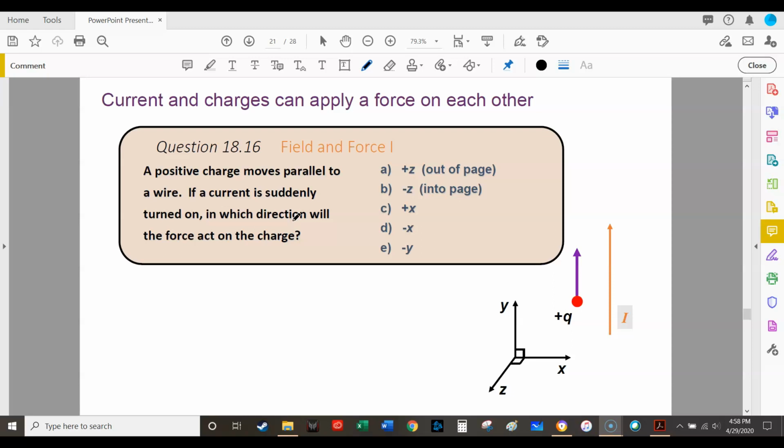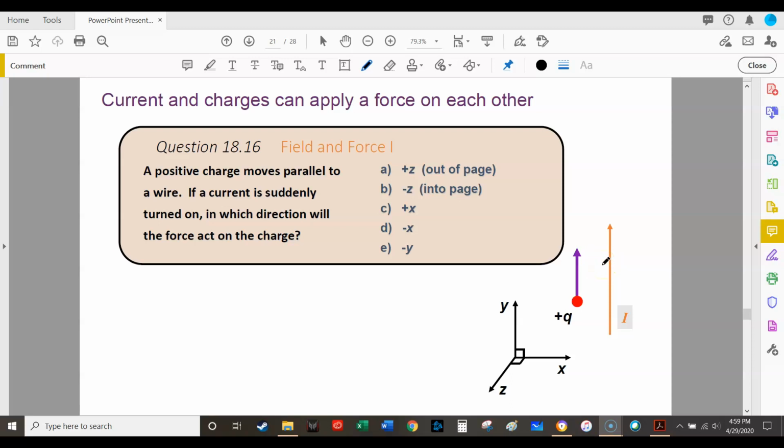So in this case, you have a current-carrying wire that is pointed up, and you have a charge, a positive particle that is moving out of the page. And what's going to happen to the direction of the motion of this charge? Okay, will this charge be pushed out of the page, into the page, in the positive X direction, in the negative X direction, or in the negative Y direction due to this current-carrying wire?